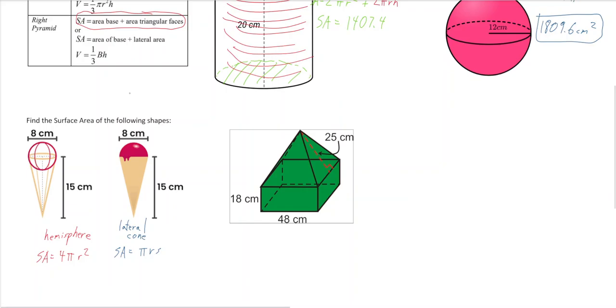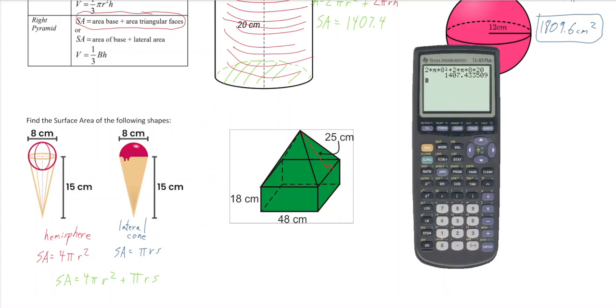So our final solution, I should say, is that the surface area is 4 pi r squared plus pi r s. Okay, now we can go ahead and plug it all in and see if we get the right answer.